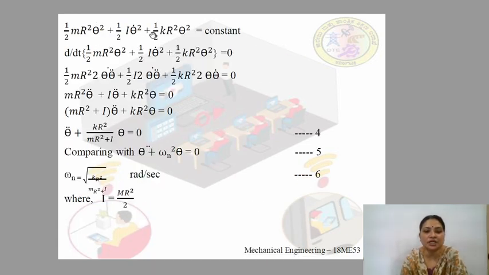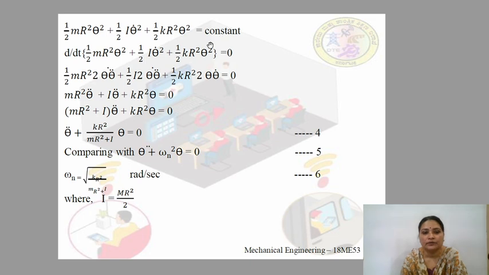Substituting those in the energy method equation: 1 by 2 m r square theta dot square plus 1 by 2 I theta dot square, which are kinetic energy 1 and kinetic energy 2, plus the potential energy 1 by 2 k r square theta square equals a constant.